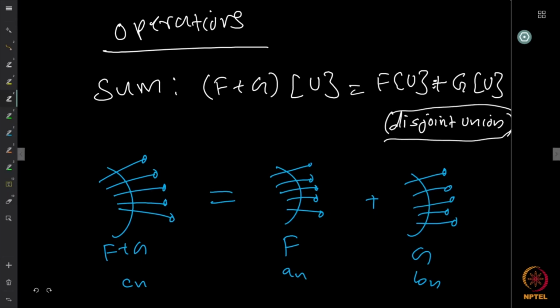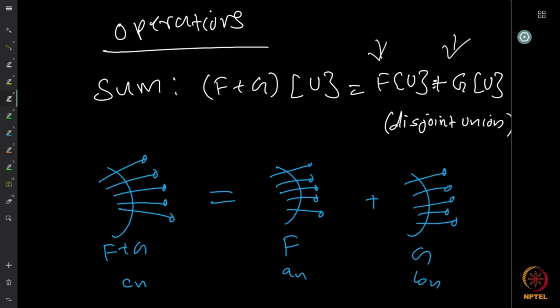I consider the disjoint union in the sense that it is possible that the species F and G are such that, for example on the empty set or something else, they might create the same kind of objects. But I want to distinguish them by marking which elements come from the species F and which come from G, so that the union is disjoint.